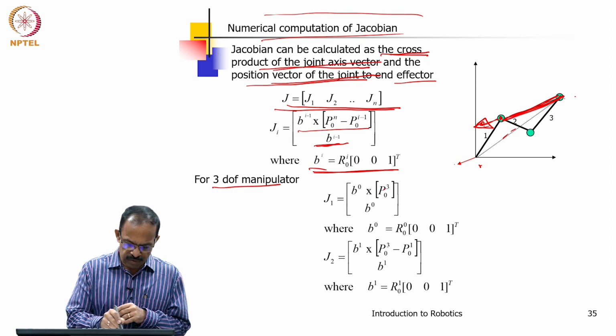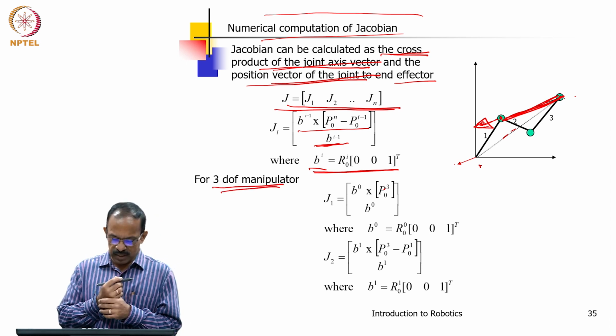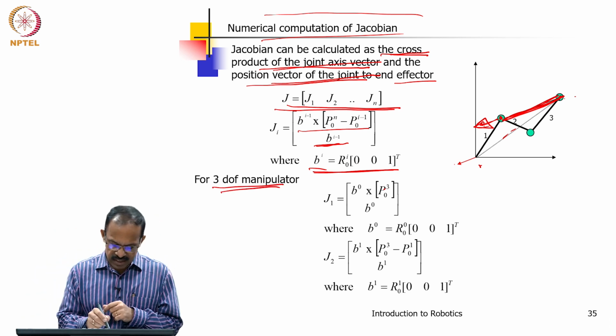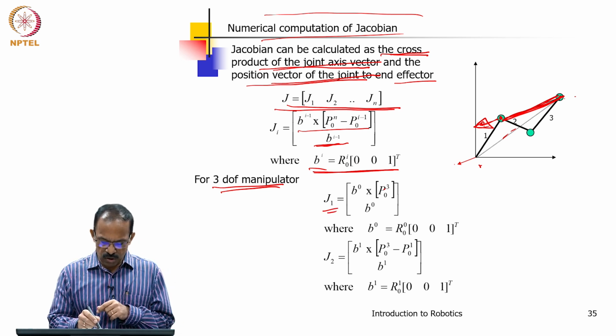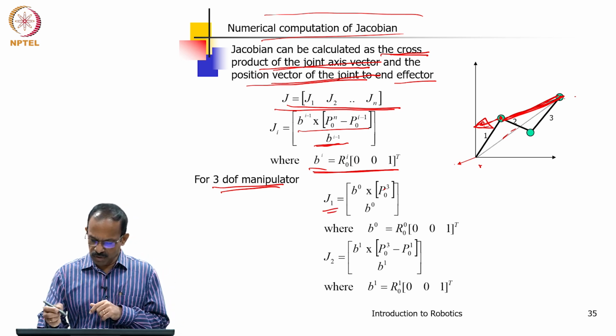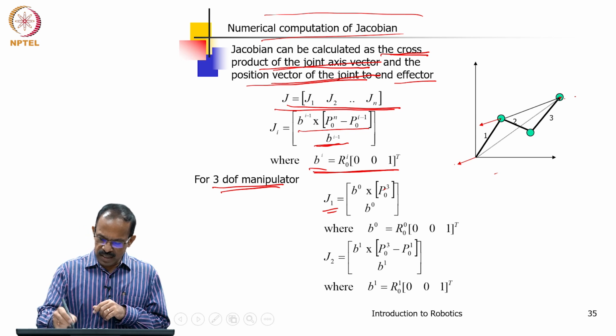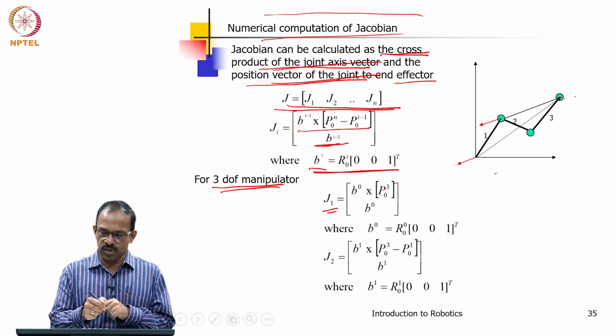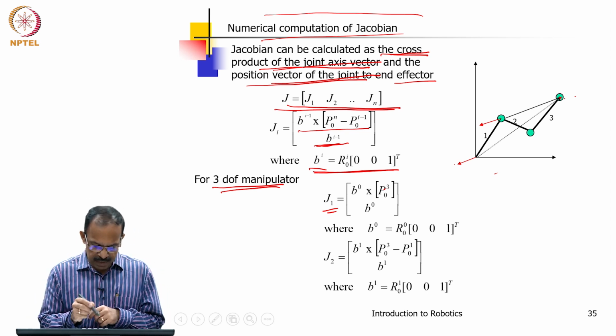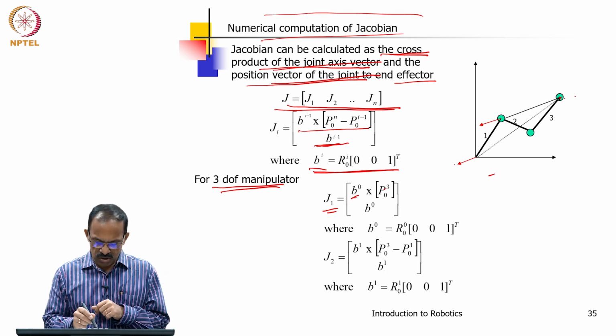So, take a simple example here for a 3 degree of freedom manipulator. Okay. So, for a 3 degree of freedom manipulator, J1 will be B0 cross P30. So, suppose this is a 3 degree of freedom manipulator. Now, what it is saying is that J1, the first column of the Jacobian, will be B0 cross P03.